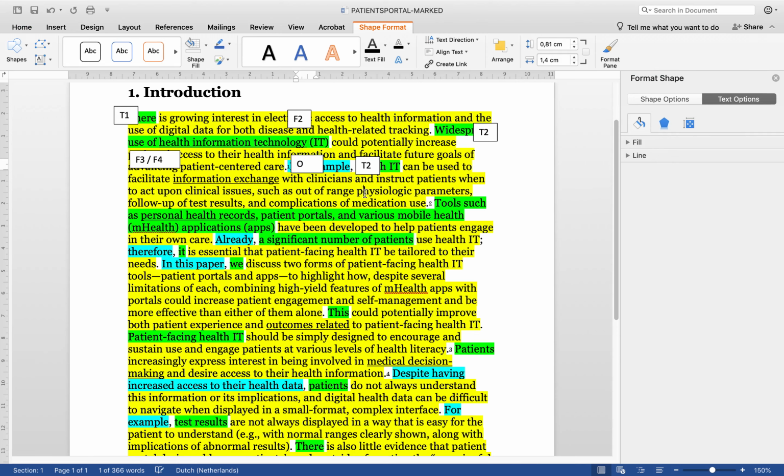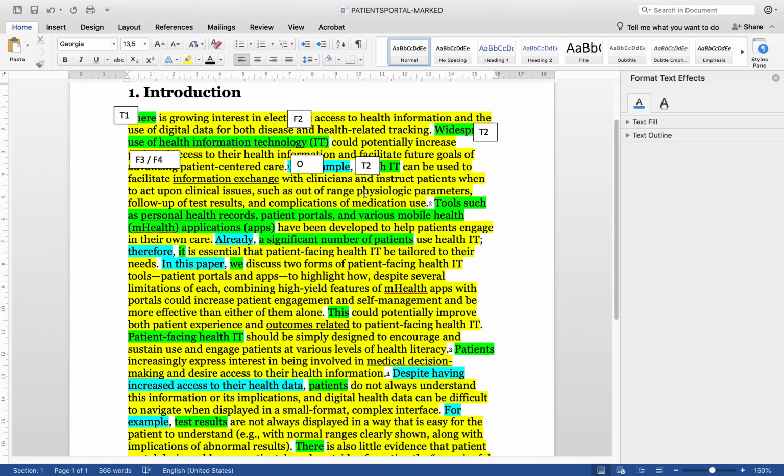I'm not going to enumerate the orientations. That will overcomplicate things. So topic 2, and then can be used to facilitate information exchange, well, we talked about that in a previous sentence, with clinicians and instruct patients when to act upon clinical issues such as out-of-range physiologic parameters, follow-up of test results, and complications of medication use.